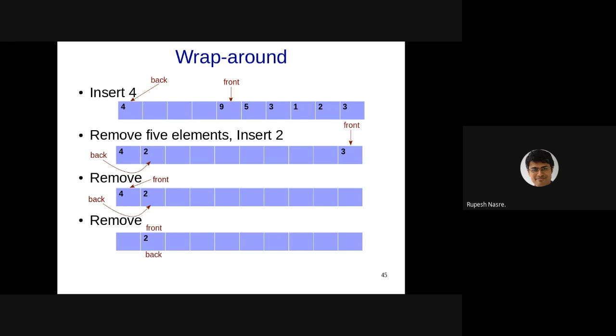Removal has to happen from the front, and therefore front should move ahead, and front will start pointing to the next entry, and back will continue to point to where 2 was earlier. So I think Shania is asking the right question. What is the issue with whatever we are seeing currently on the screen with respect to the positions of front and back?